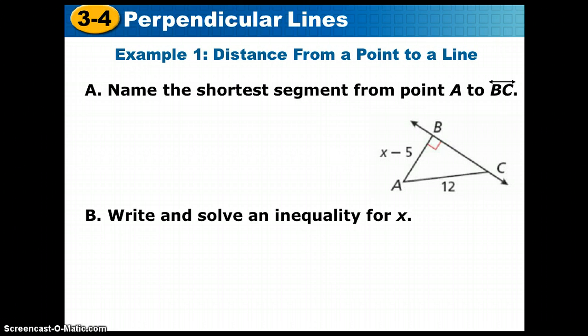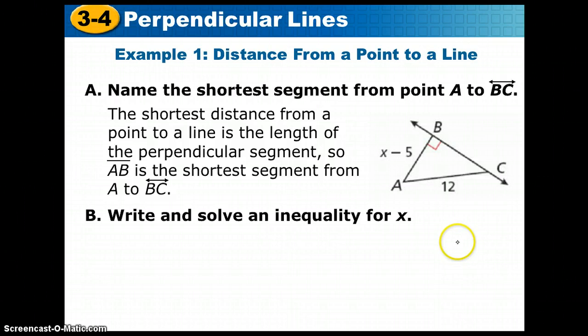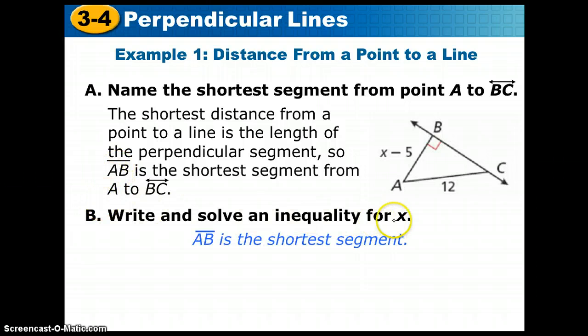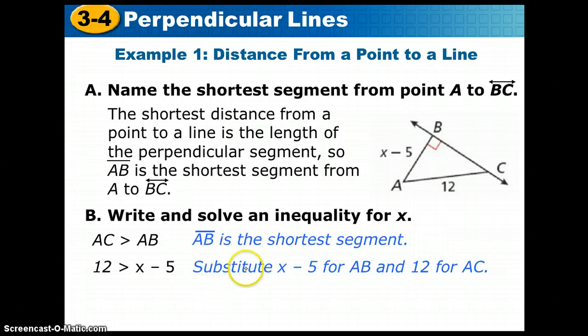On part A of this second part of example 1, you should have gotten that the shortest distance from point A to line BC is segment AB, right here. Segment AB. And then to write and solve an inequality, we remember that AB is the shortest segment, so it has to be less than 12. We know AC has to be greater than AB here. So we can substitute in these values.